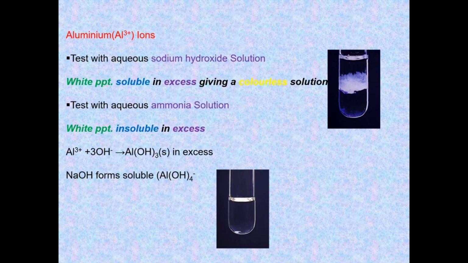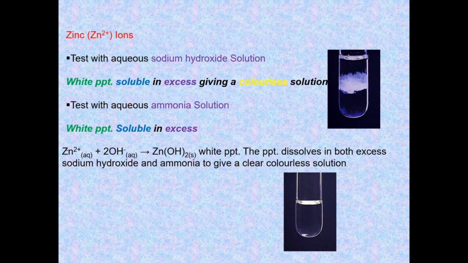So aluminium hydroxide dissolves in excess sodium hydroxide, but not in ammonia solution. So a white precipitate is formed but soluble in excess. For the zinc ions, they form a white precipitate when you add sodium hydroxide, but when you add excess, it also gives you a colorless solution, which dissolves at the end of the day.